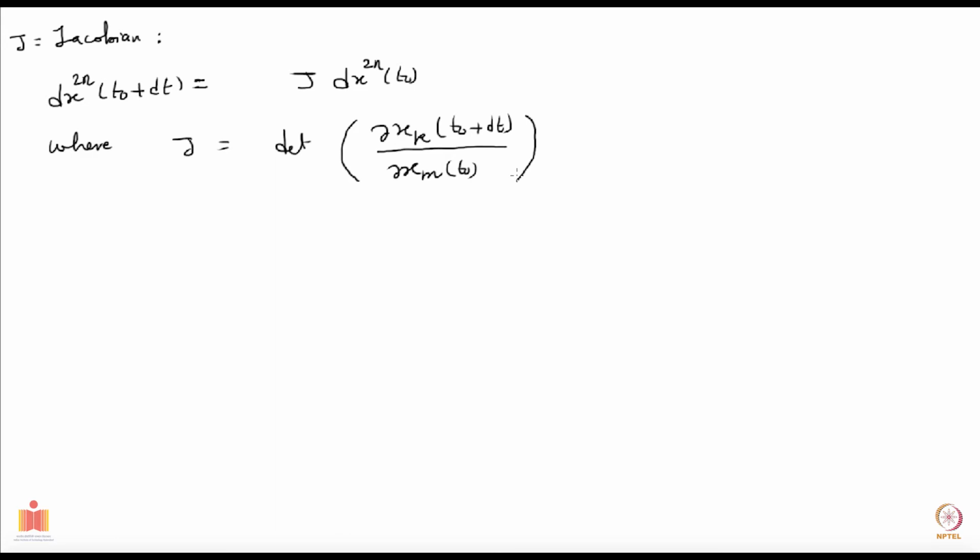You have to construct the matrix which contains all these partial derivatives, where k runs from 1 to 2n and m also runs from 1 to 2n. So this is a 2n by 2n dimensional matrix, and you find its determinant and multiply it here, which gives you the new volume.